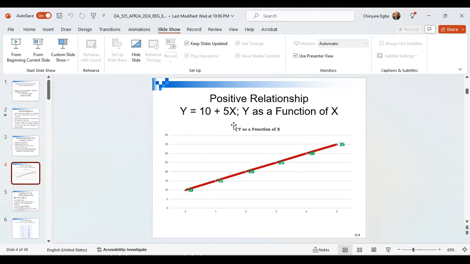So now, we're essentially looking at the equation of a line.